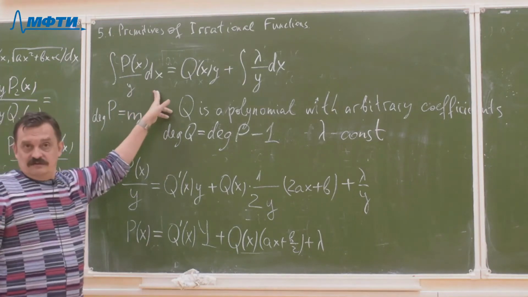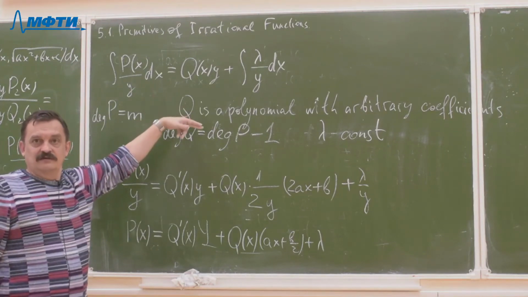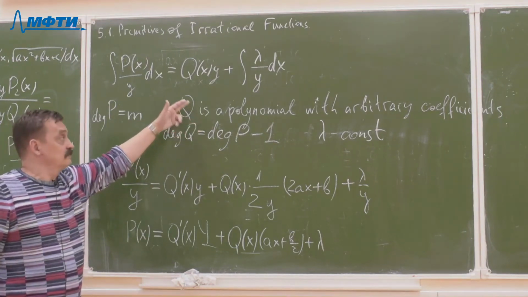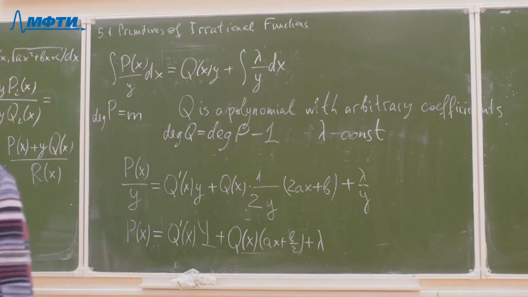And if it has this form, then it is essentially easier to apply this version of the method of indeterminate coefficients. Okay?